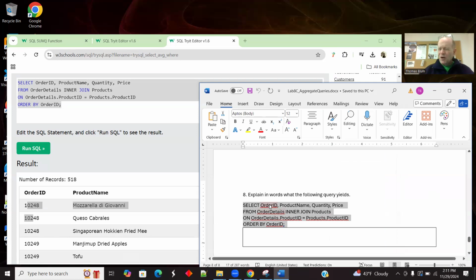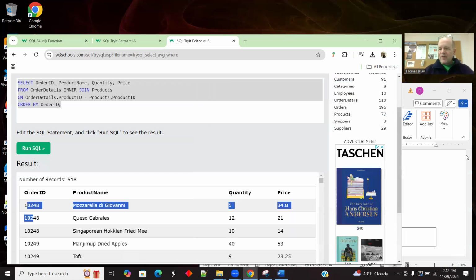It is giving you line by line within the order the quantity and the price. So it's just a basic join, and it's showing quantity, which was from order details, and price, which was from products, order ID, which was from order details, and product name, which was from products, your standard inner join there.